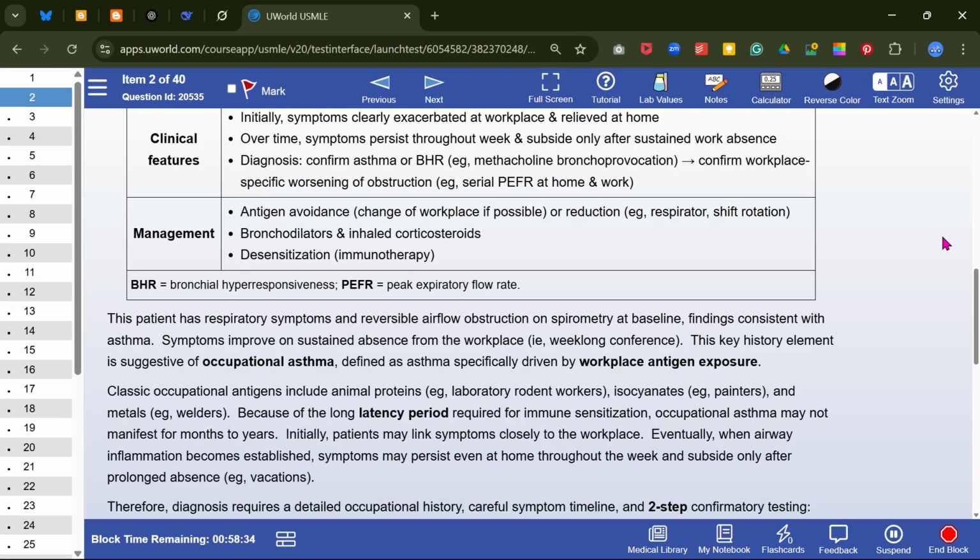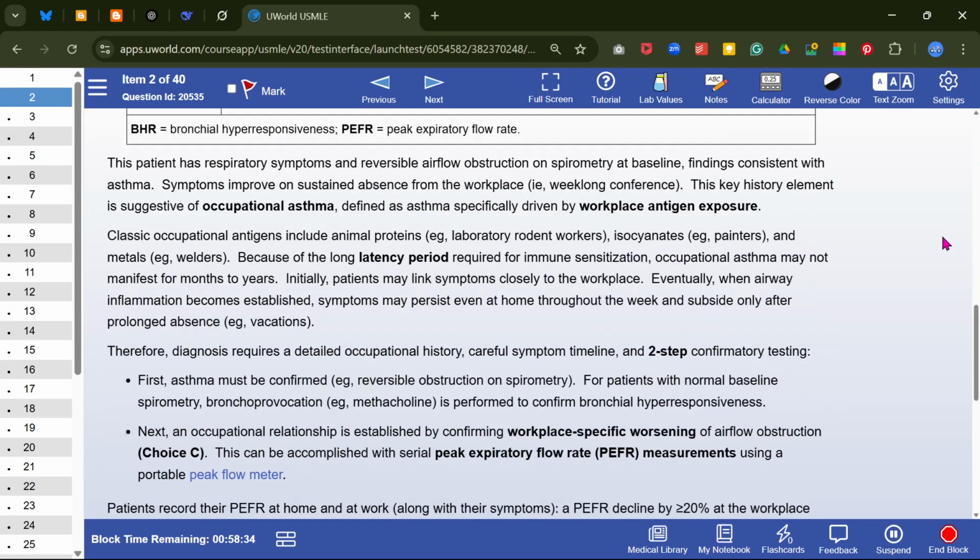Initially, patients may link symptoms closely to the workplace. Eventually, when airway inflammation becomes established, symptoms may persist even at home throughout the week and subside only after prolonged absence, such as vacations.